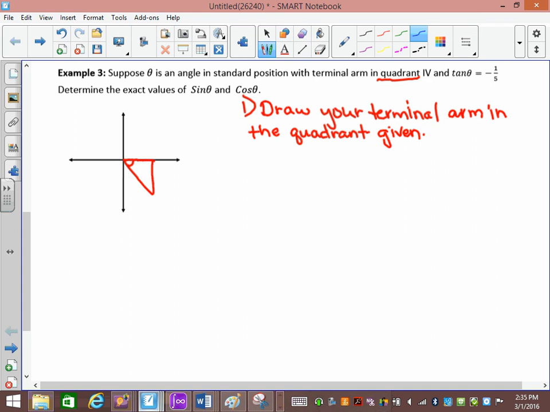Now, number 2. You go to the trig ratio given, and you label your trig ratio, and then your triangle.